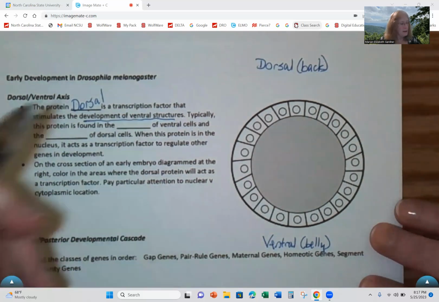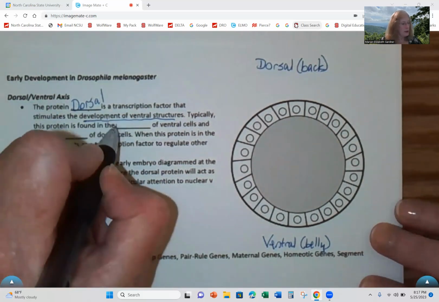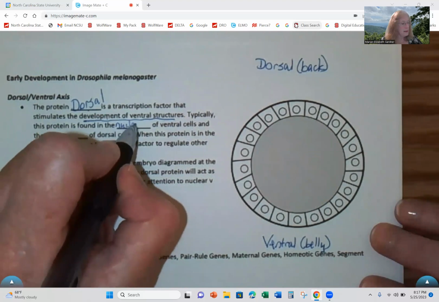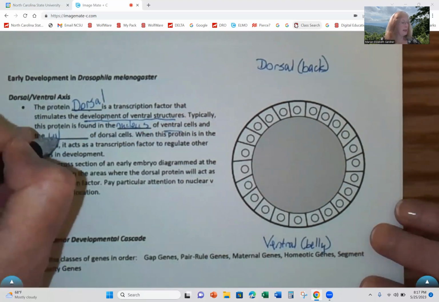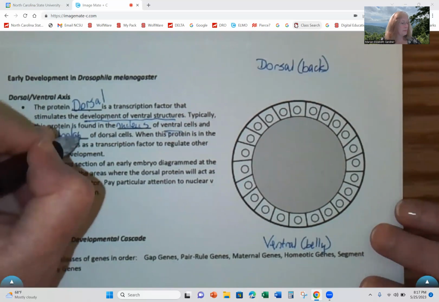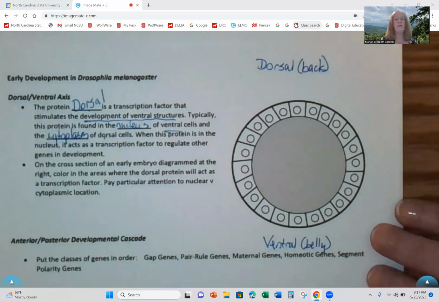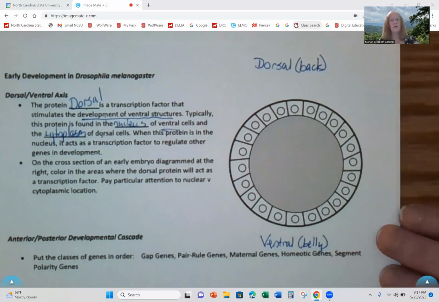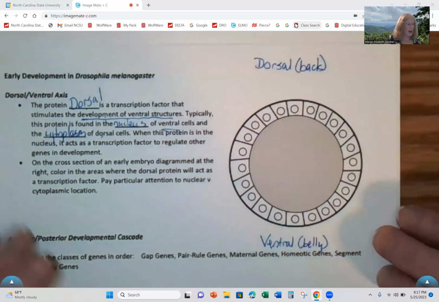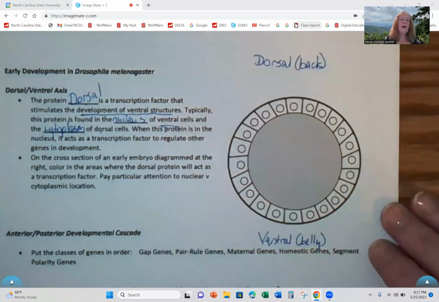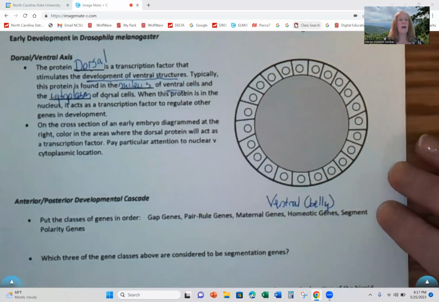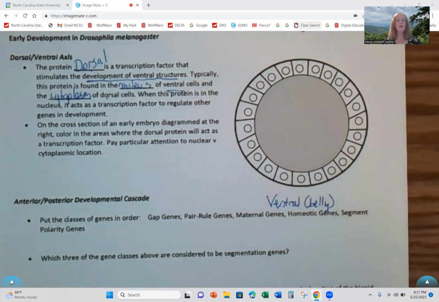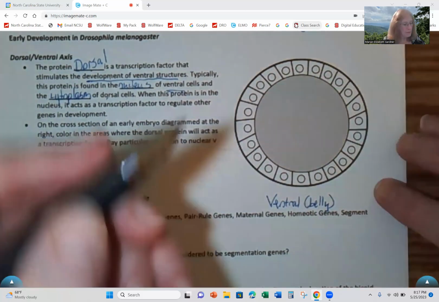But normally, since it's a transcription factor, it's going to be in the nucleus of ventral cells, and then it means it's going to be in the cytoplasm of dorsal cells, because if it was in the nucleus, it would be making ventral structures on the back, and we don't want that. So when this protein is in the nucleus, it's a transcription factor, and it's going to regulate other genes in development to help make the proper ventral structures on the belly of the fly.